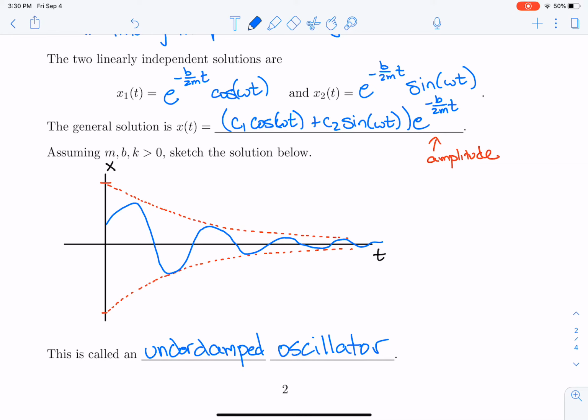So it's allowed to move through the door jamb, essentially. So you're going to open that door, and then you're going to release it, and you can imagine that it's going to oscillate back and forth, and eventually it'll settle down and stop moving. And that is a good example of an underdamped oscillator.